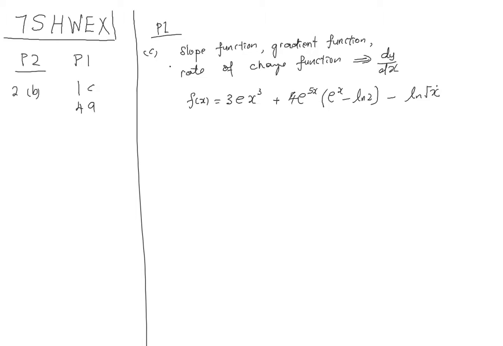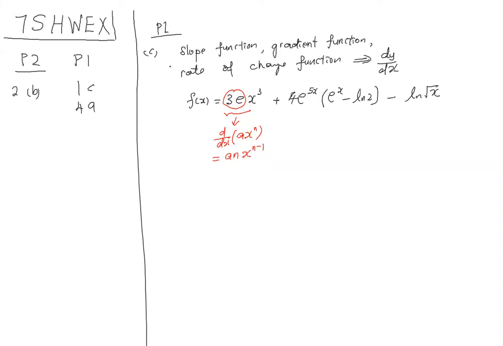Okay, so this one you need lots of rewriting. This is a constant. So to differentiate this, you are supposed to use this formula. Are you clear?